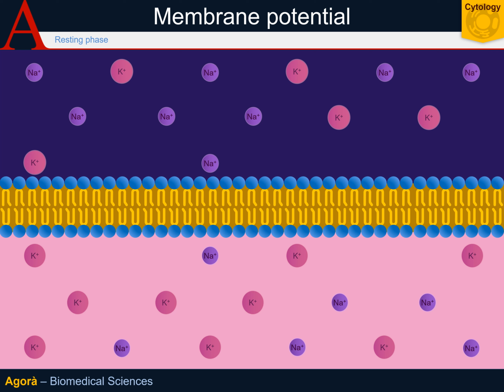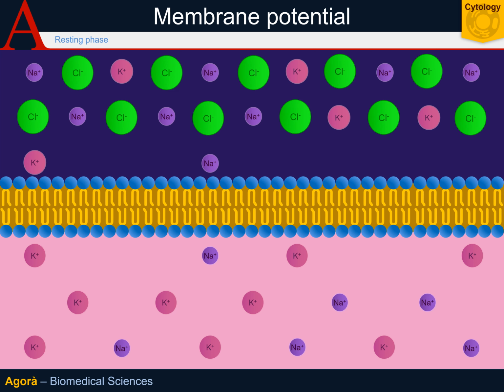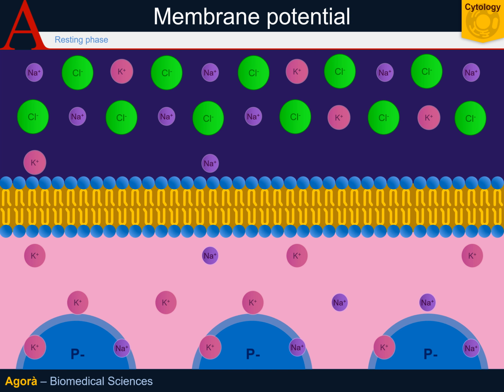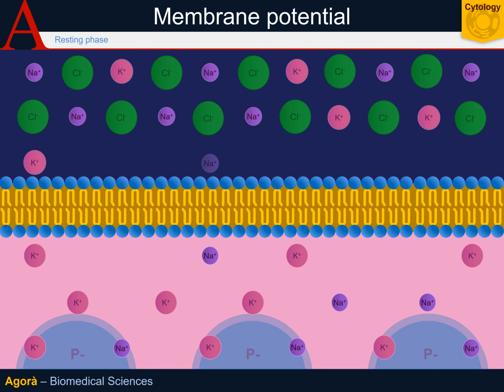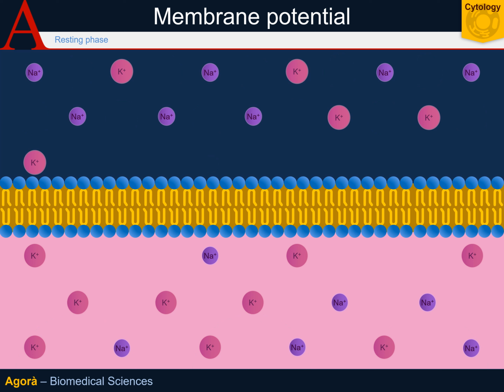As for the negative charges, we have chlorine mainly concentrated outside, and inside the cell there are large anionic proteins. So let's leave out the negative charges that, except in some cases, are not fundamental to determine the membrane potential, and let's focus on the positive charges that will be the protagonists of this topic.